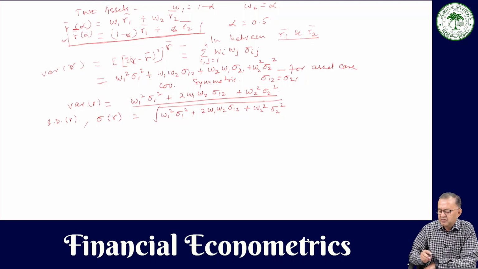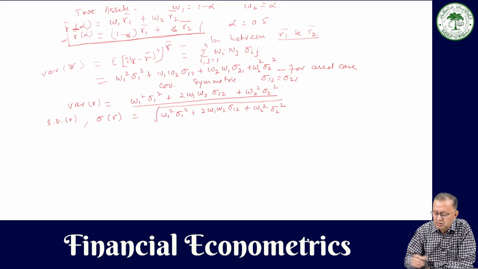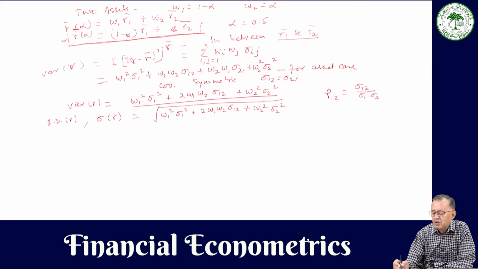We have already defined a term, the correlation coefficient denoted by rho. The correlation coefficient between asset 1 and asset 2 is equal to sigma 1 2 upon sigma 1 into sigma 2, that is, the covariance between 1 and 2 divided by the standard deviation of 1 multiplied by the standard deviation of 2.